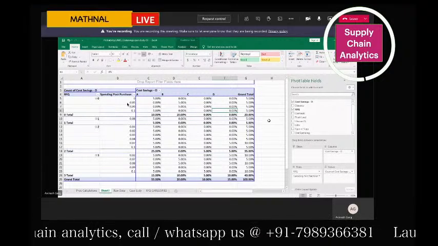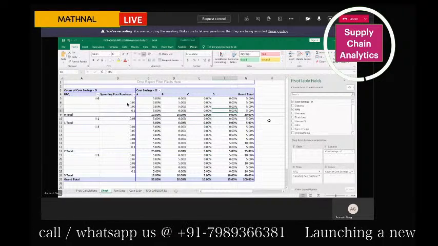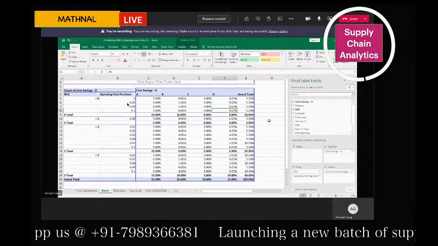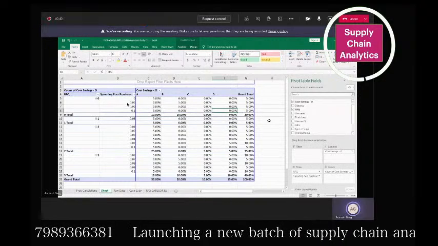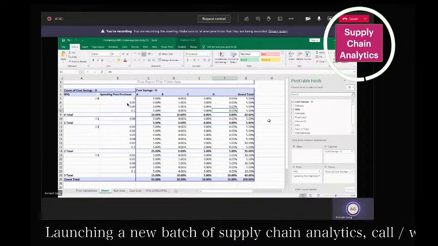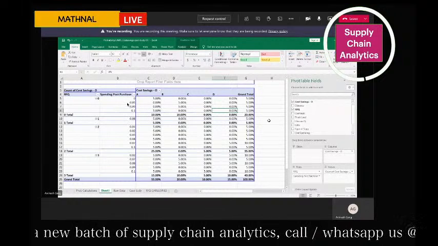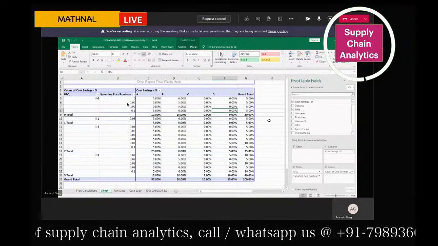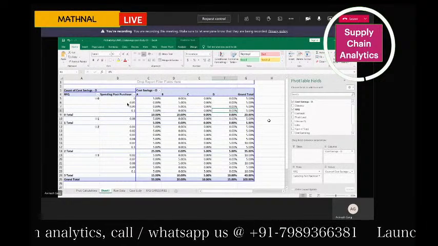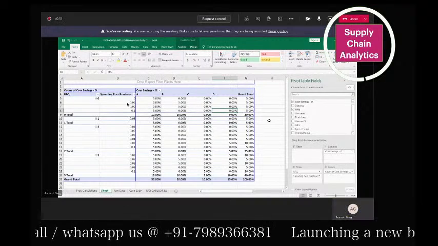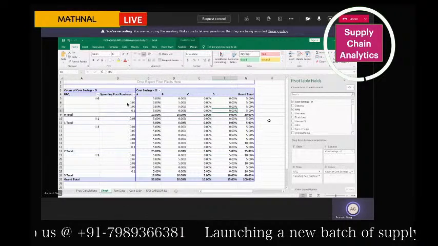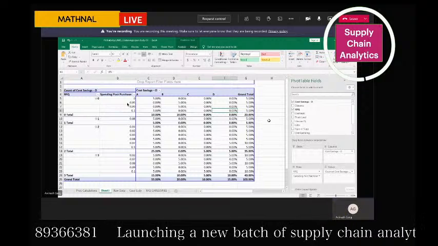Intersection of RFQ 0 and spending post purchase 0.09 and A is 0%. Intersection of 0, 0.1 of spending post purchase and cost savings A is 5%, since we are taking the percentage of grand total. So this is the last stage.